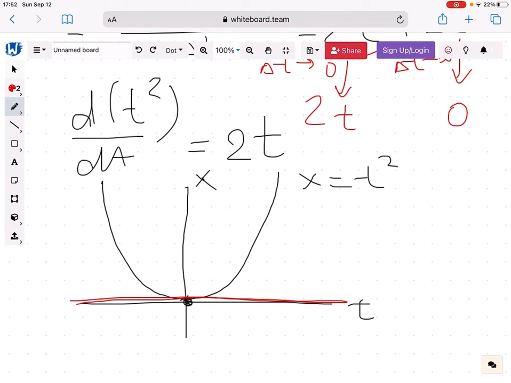So we predict that the derivative at t equals 0 should be 0. And if you check the formula, the derivative is 2t, so at t equals 0 it is 0.